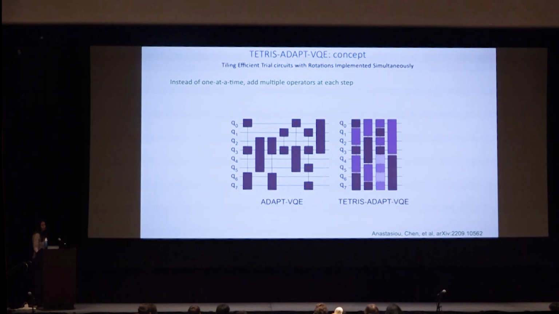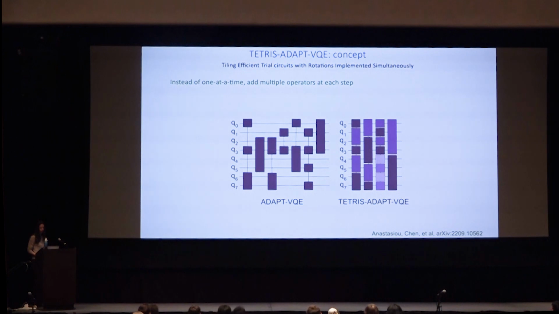So what we can do is something more like this, where we're tiling our circuits more tightly. And we call this Tetris adaptive PQE. I don't know if there are people who are old enough to remember Tetris. Maybe it's cool again now. But basically the idea is that you're trying to pack gates as much as you can and shorten your circuit.